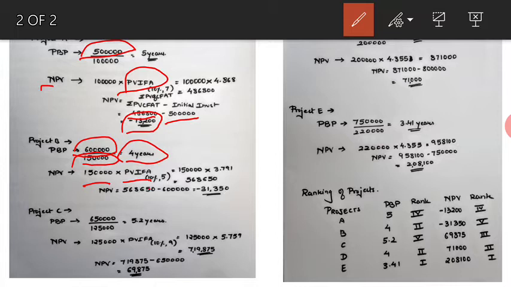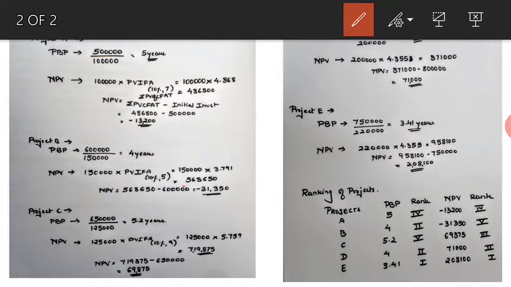Now why should we consider 5 years? Because the life of the project is 5 years. So 1,50,000 into 3.791. This is as per the present value interest factor annuity table. So 1,50,000 into 3.791 gives you 5,68,650.